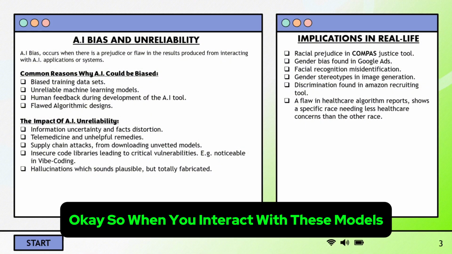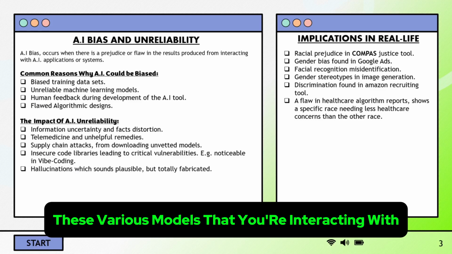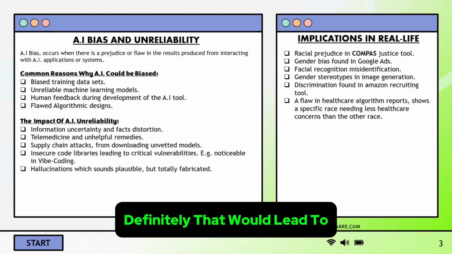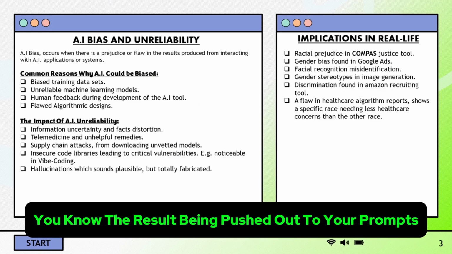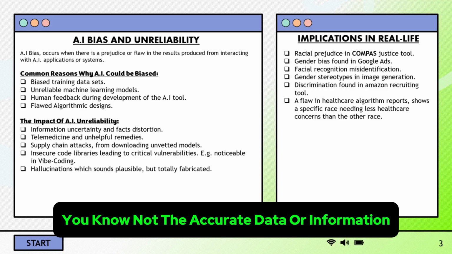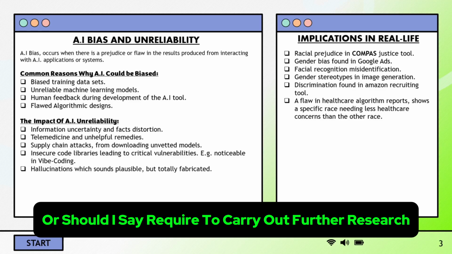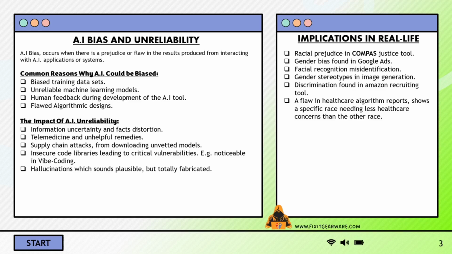So when you interact with these models, if there is a flaw in the data that was used to train them, definitely that will lead to the result being pushed out for your prompts not being the accurate data or information which you actually need, or should I say require, to carry out further research.